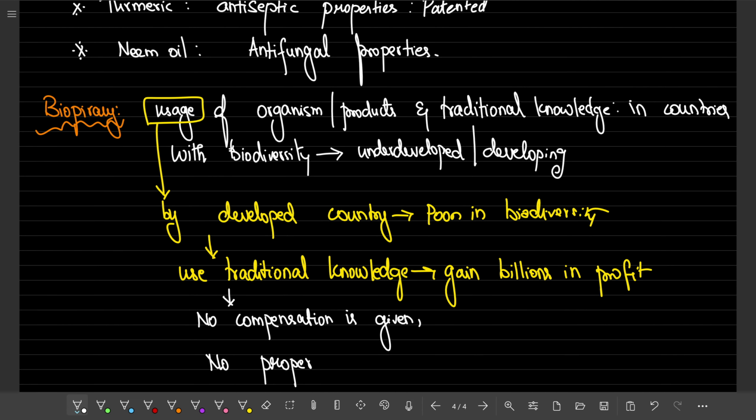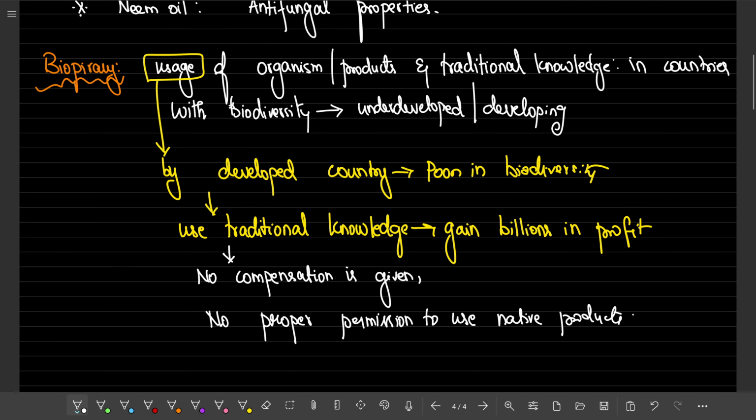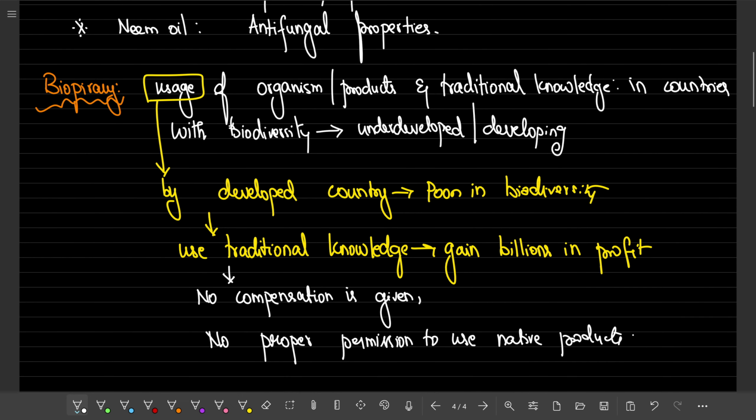They don't even know that they are doing it. Or what is also not happening? First of all, there was no proper permission to use that organism because it didn't belong to their country, right? So no proper permission to use the products also. So that is called biopiracy.